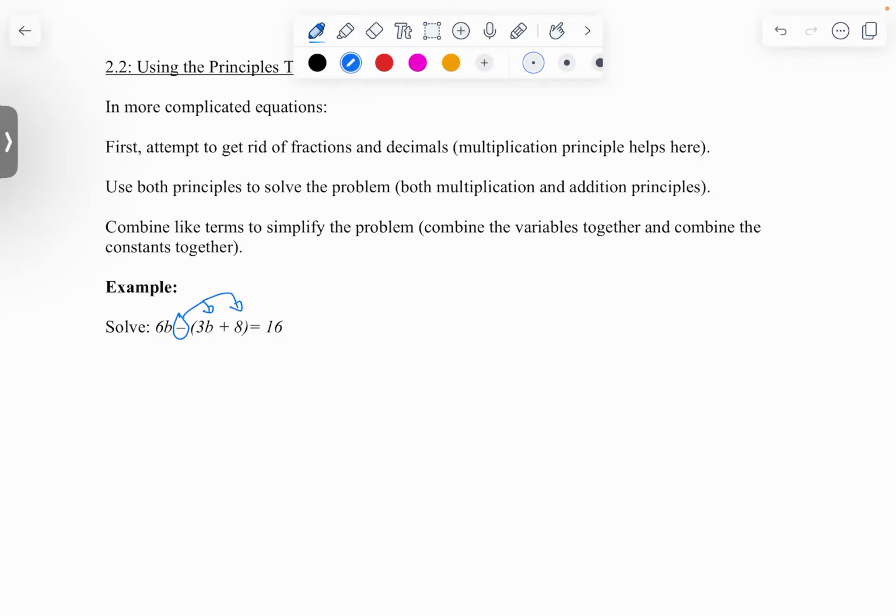It kind of looks like a rainbow when you have lots of them, and you could use different colors, which is why we call it the rainbow. The official property is called the distributive property, but I like to just do the rainbow, and that is part of the polynomial dance. So, rainbow that negative in, that gives us 6b minus 3b minus 8 equals 16.